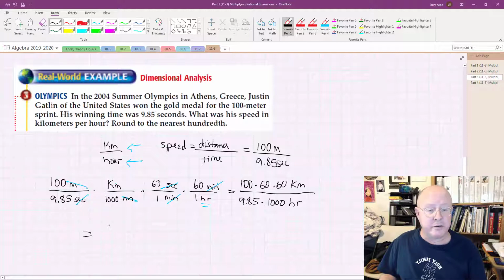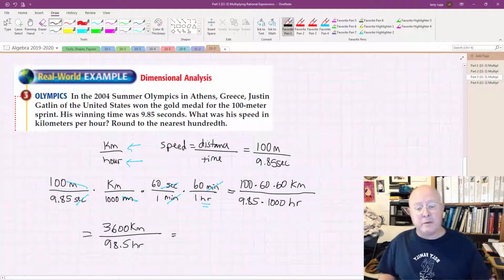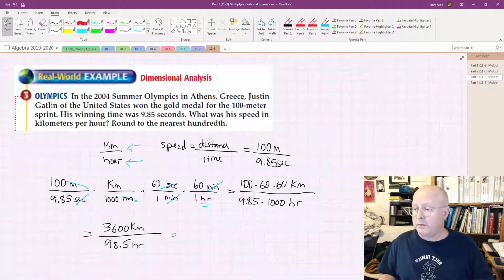100 times 60 times 60 will give us 3,600 kilometers, and 9.85 times 1,000 will give you 98.5 hours. Okay, and they want this then in kilometers per hour.